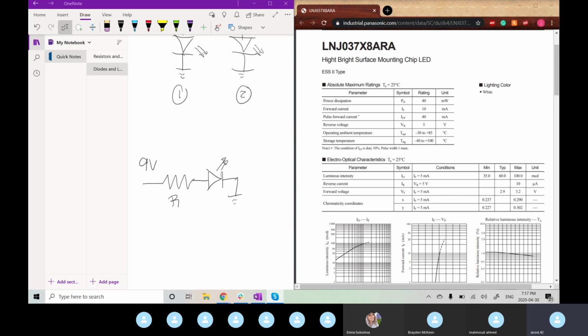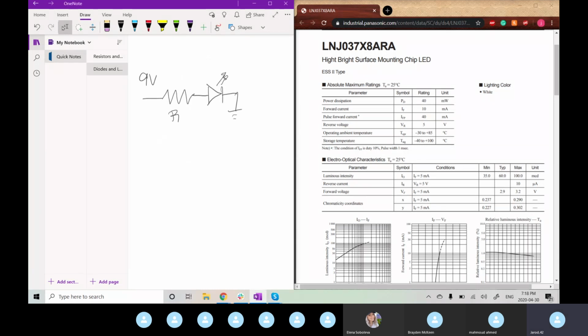Then what's your answer, Koi? Okay, so what did we find as forward voltage? 2.9 volts.